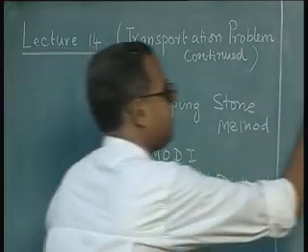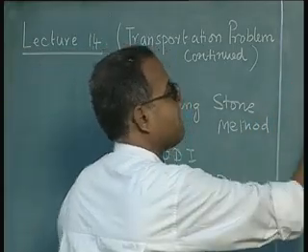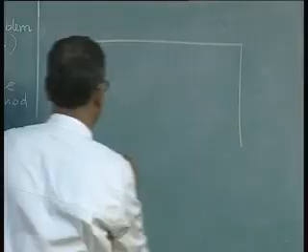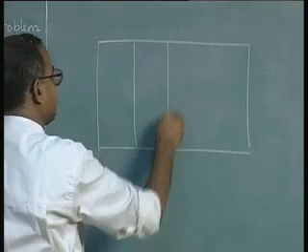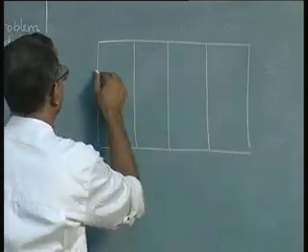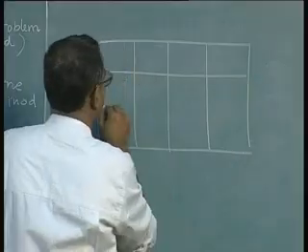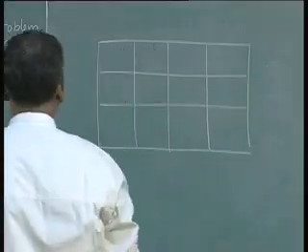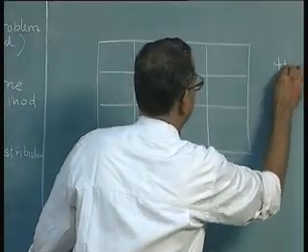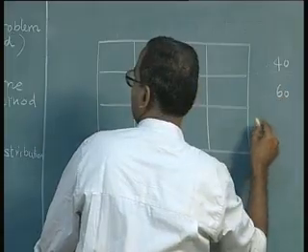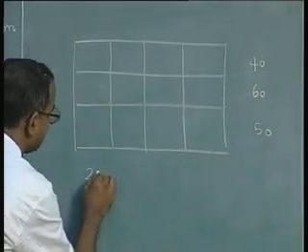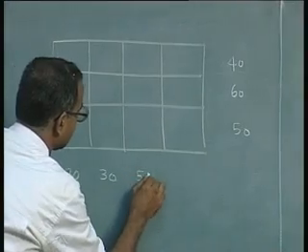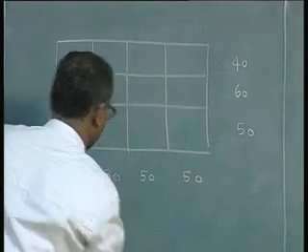We go back to the familiar example. The three supplies are 40, 60 and 50. The requirements are 20, 30, 50 and 50.